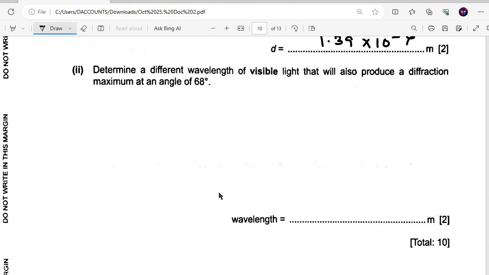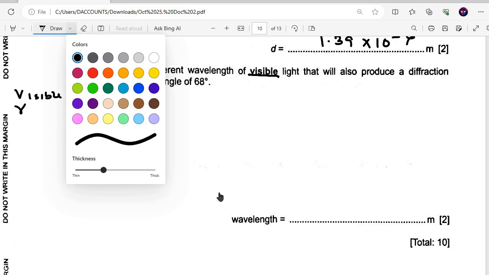The next question: determine a different wavelength of visible light that will also produce a maximum at the same angle.